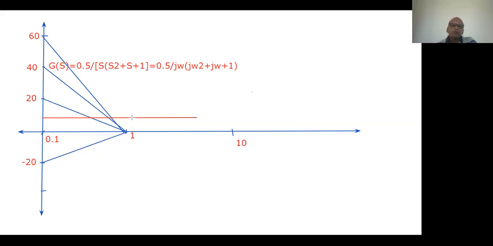Here the corner frequency is equal to, say, 1.